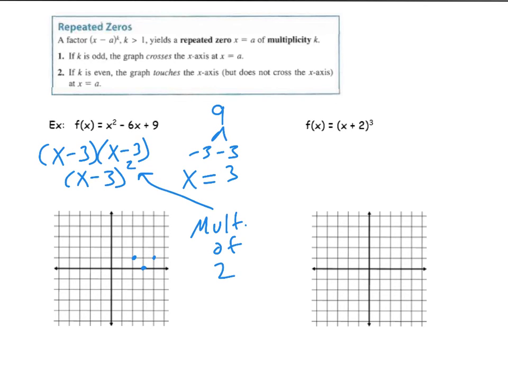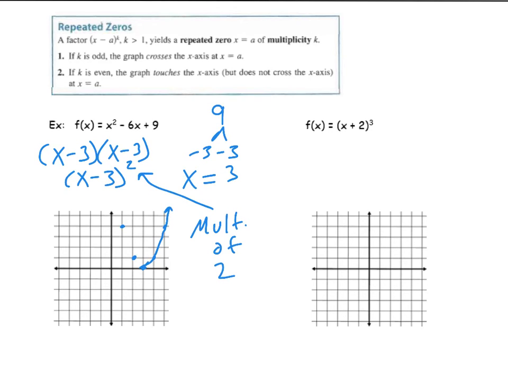To make this graph, I'm not doing anything fancy. I'm not writing out a table of values, but that's all I'm doing, is I'm starting at 3 and then putting in 2 and 4 and so on. Which if you wanted to, you could use your other methods to get a quadratic.